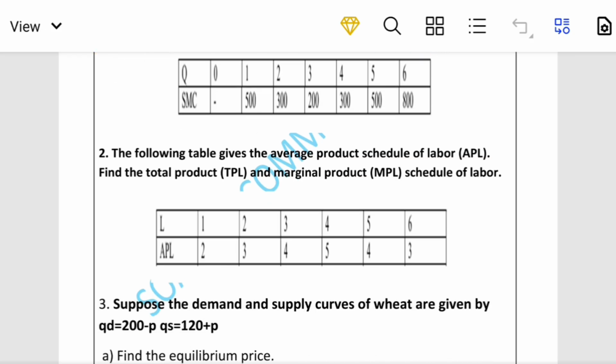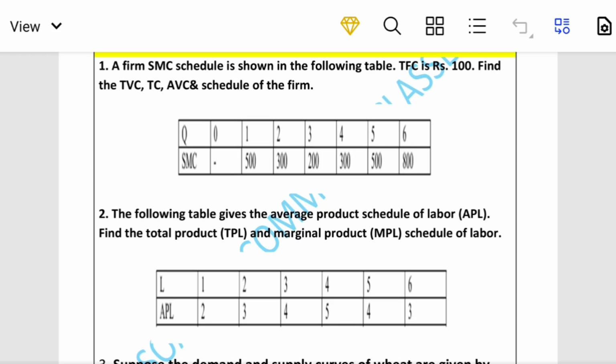You need to find out TPL and MPL. This is the newly added question from the PU board last year. This question is also very important and, I think, very easy. Apart from these two questions, you need to prepare all.